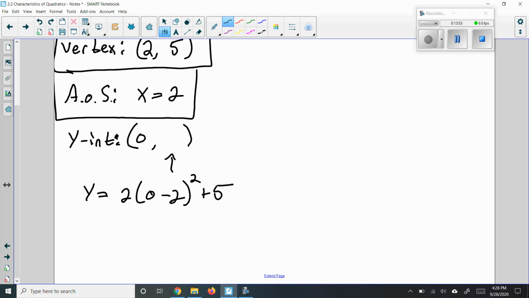Well, 0 minus 2 is -2, if we square that, we get 4. 2 times 4 is 8, and plus 5 is 13. So the y-intercept is 0, 13.